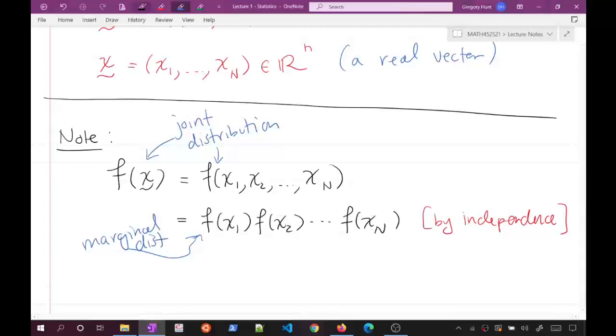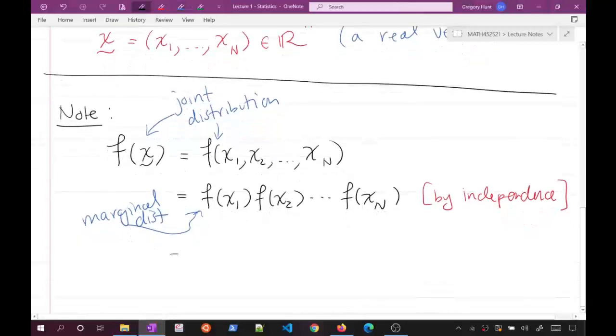We can write this in notation that I'll use in this course. Again, I don't want to write f of x1, f of x2. I'm going to say it's capital pi, and let's say little n goes 1 to big N of f of x sub little n. So this is kind of similar notation to sigma notation.